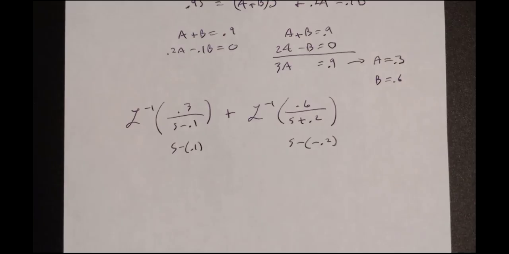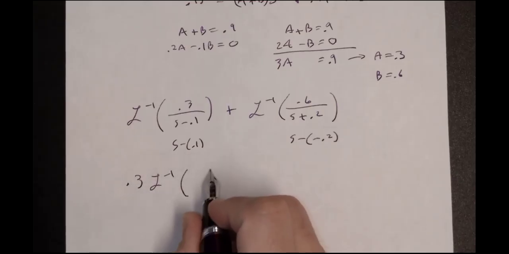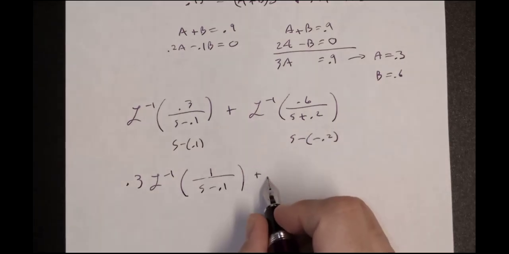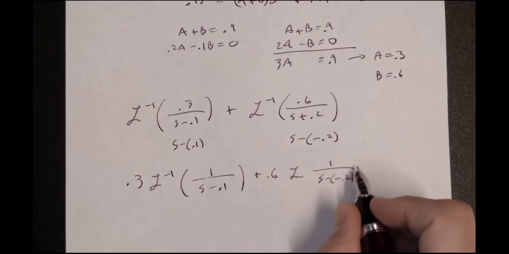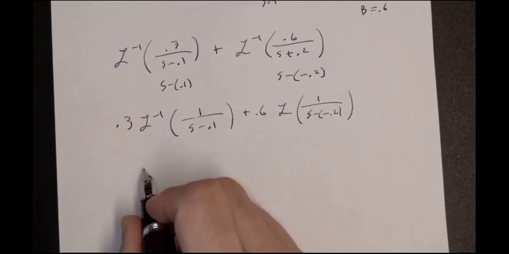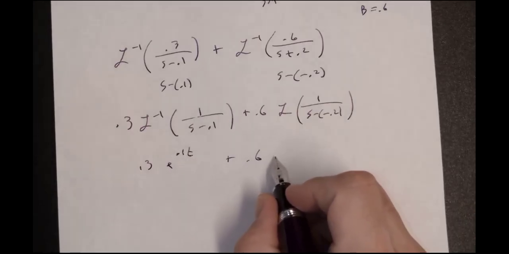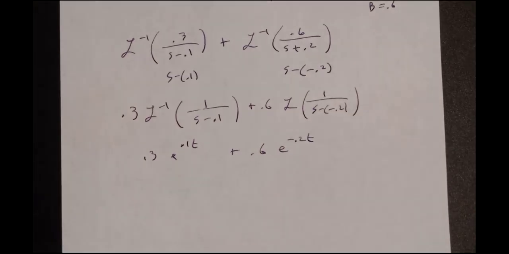But when I do the e thing, it's usually a 1 on the top, right? So I pull out the 0.3, and I pull out the 0.6. And I get 0.3 e to the 0.1t plus 0.6 e to the negative 0.2t. Look at that. A transient solution and a non-transient solution, and we solve for C1 and C2 right away.